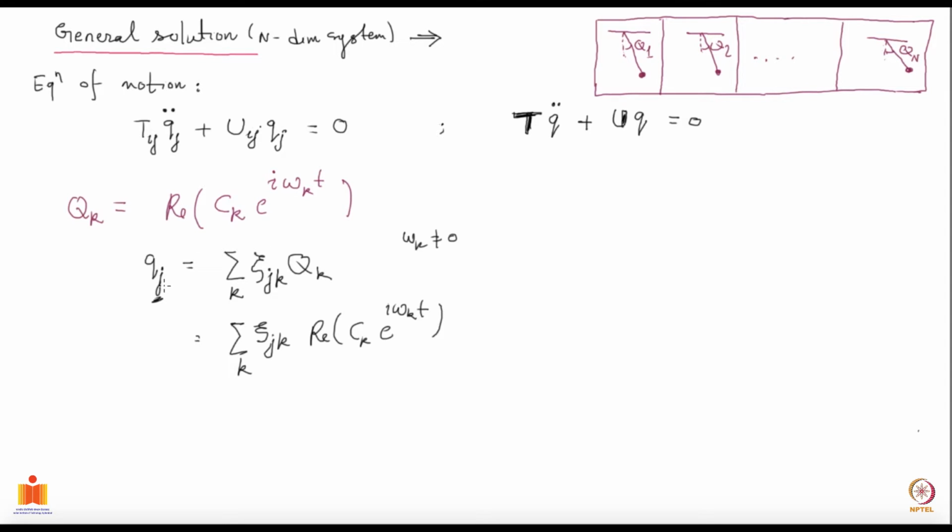Now I take this qj and substitute it in the equation of motion. And what do I get? You already have a summation over j implied here, which I have not made explicit, but now I will. So I have a summation over j and then a summation over k.